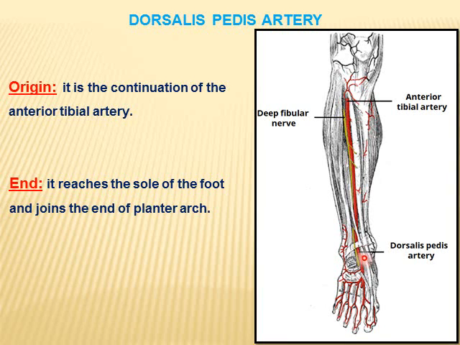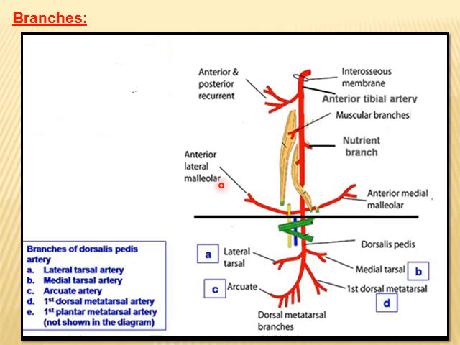In about 15% of the population, dorsalis pedis artery may be absent, and in these cases it is replaced by the perforating branch of peroneal artery. Dorsalis pedis artery gives the following branches: lateral tarsal branch, medial tarsal branch, arcuate artery, first dorsal metatarsal artery, and first plantar metatarsal artery.